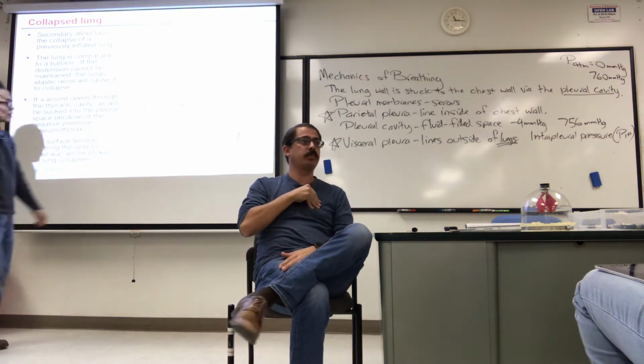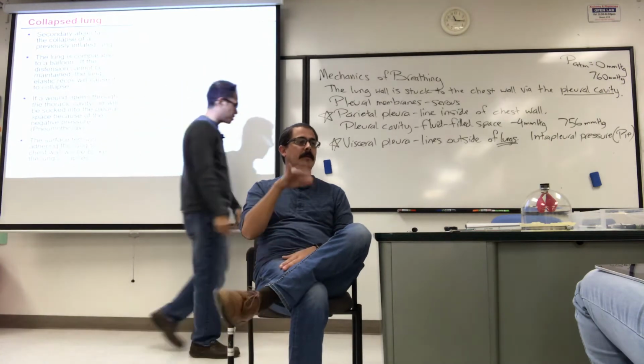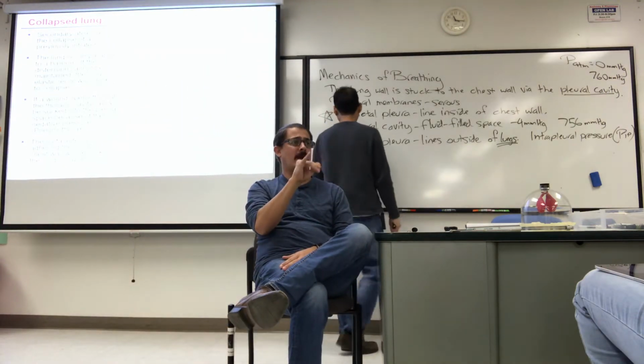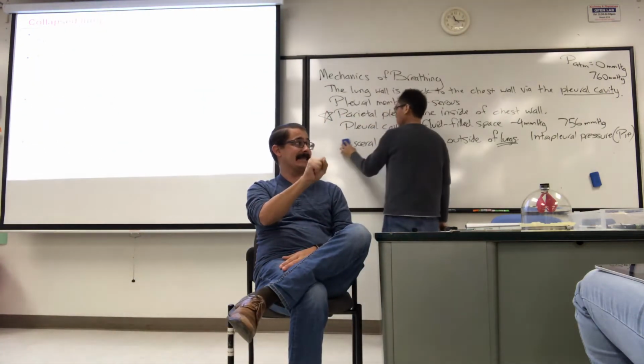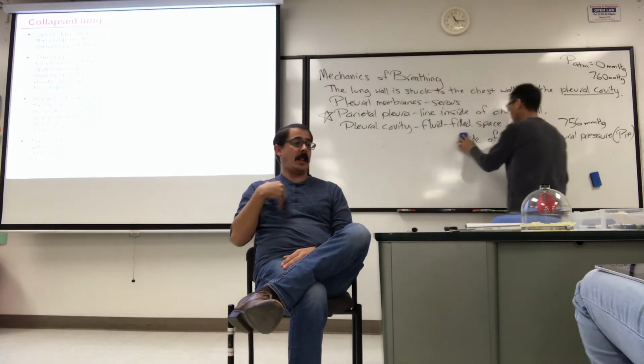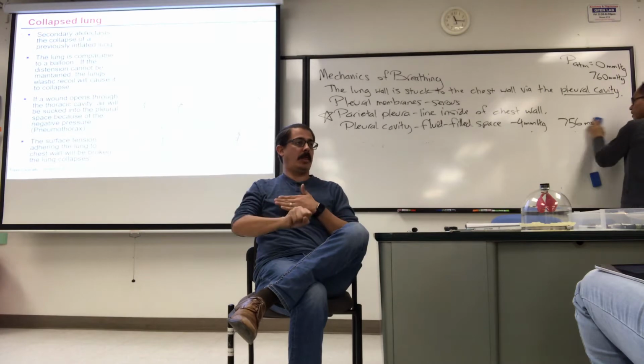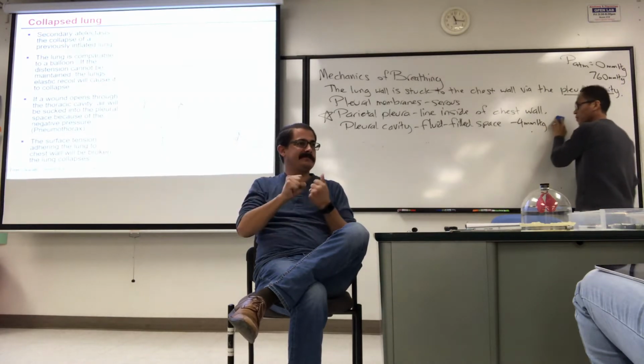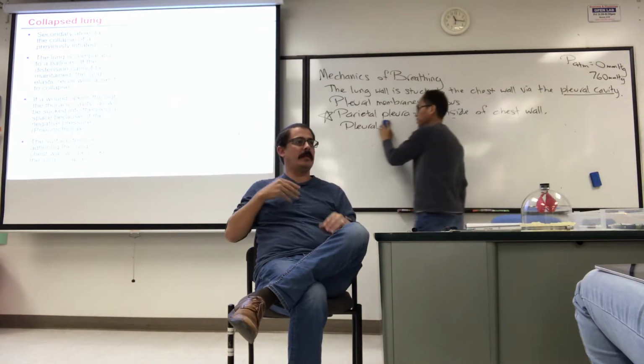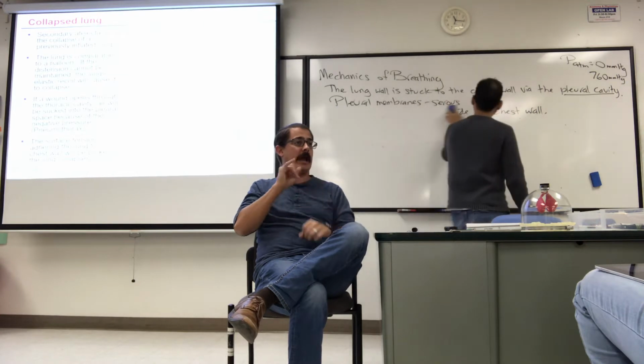Collapsed lung, or secondary atelectasis, is the fancy way of saying the collapse of a previously inflated lung. You first inflate your lungs at birth. If you ever get a wound that breaks that negative seal, that negative pressure, air will rush in to equalize, and then the lung collapses.